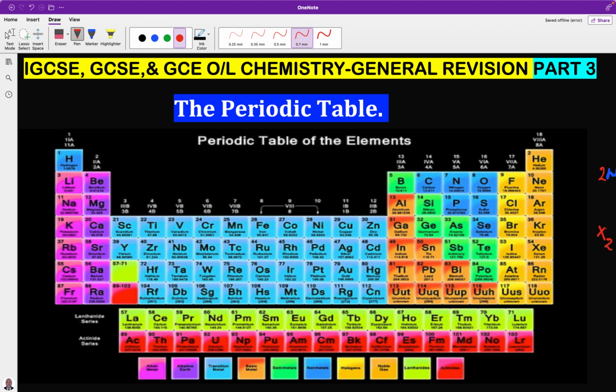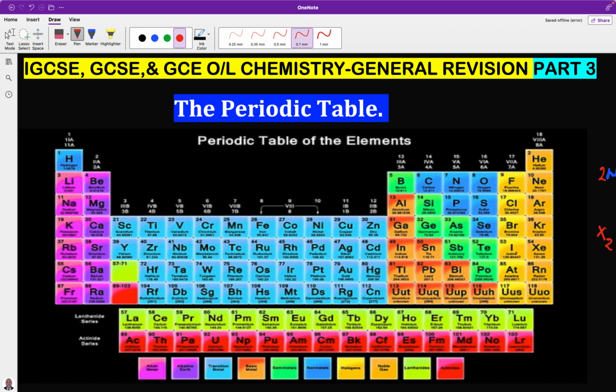Beginning from chlorine, it is a pale green gas. Bromine is a liquid, a red-brown liquid. Then we go to iodine.